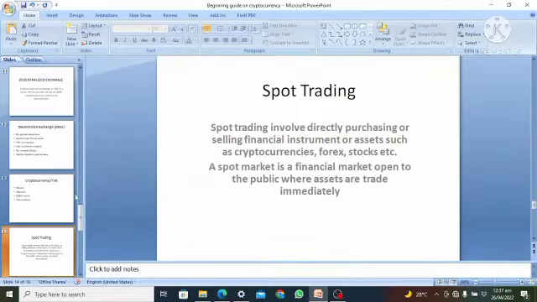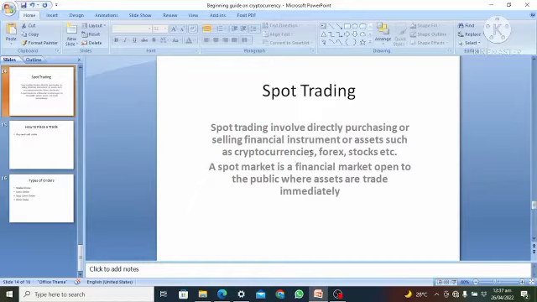Spot trading involves directly purchasing or selling a financial instrument or asset such as cryptocurrencies, forex, stock, etc. A spot market is a financial market open to the public where assets are traded immediately. It's a place where you can transact immediately without any issue.